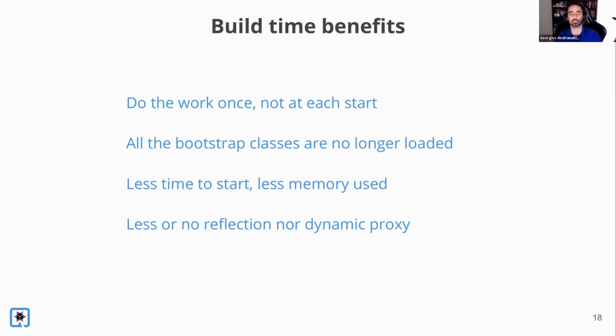So the benefits of doing as much as possible at build time are the following. You do the work once, not at every start. So imagine you have a Quarkus application, a Java application that you want to deploy 100 instances of, right?